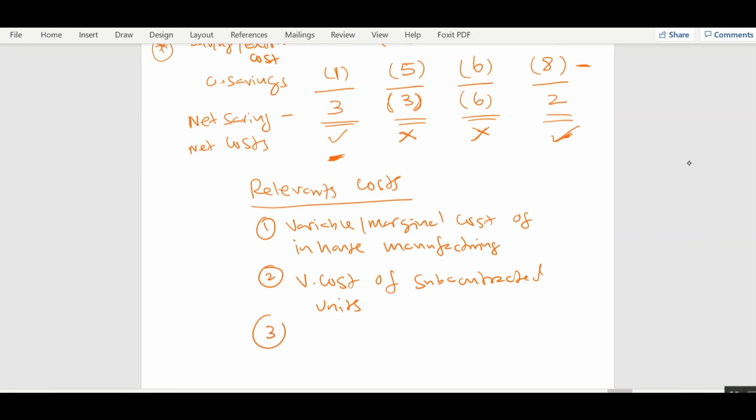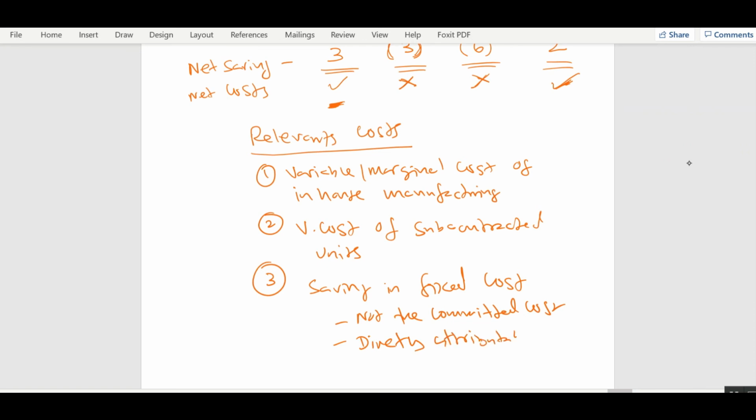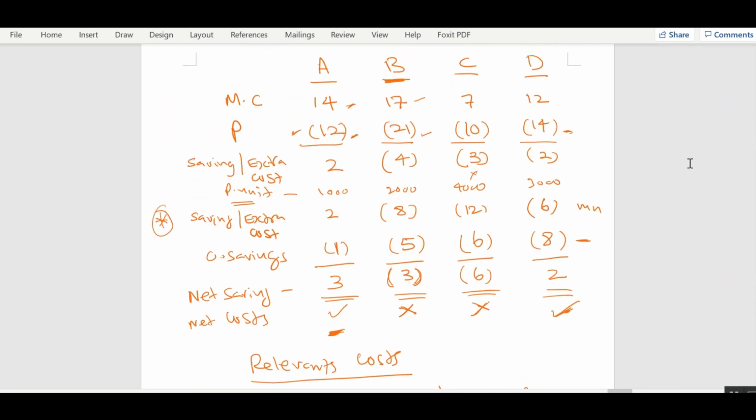Apart from that, we considered savings in fixed cost, not the committed cost, but directly attributable to the production. This is what we considered in making the final decision.